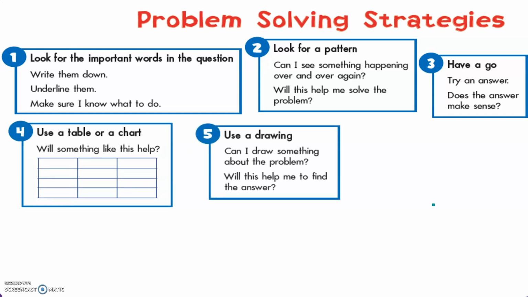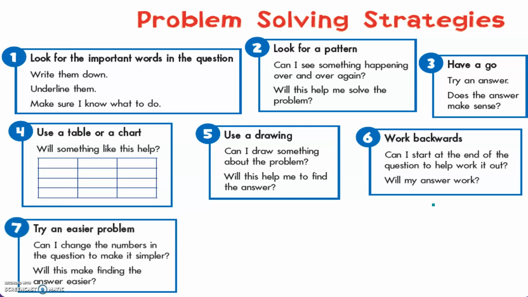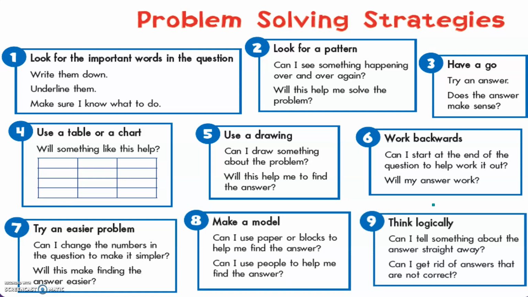Sometimes we draw it out. Working backwards can sometimes help. Will the answer work? Can I get back to the question? Sometimes we change the question. We change numbers. We make it into an easier problem. We sometimes cut things out. We use models. And sometimes we ask ourselves, can I work this out straight away? Can I think about this logically?